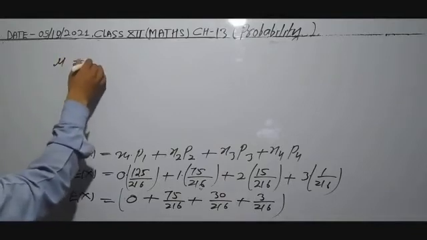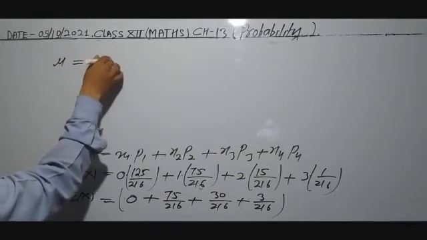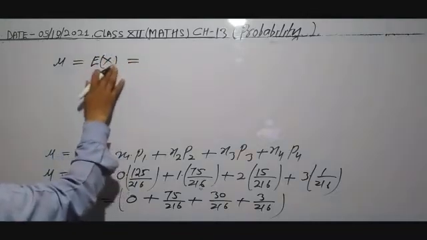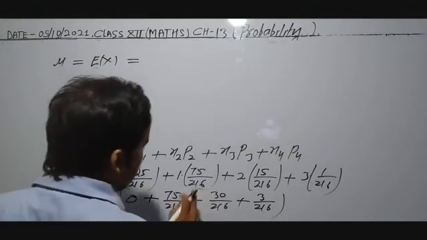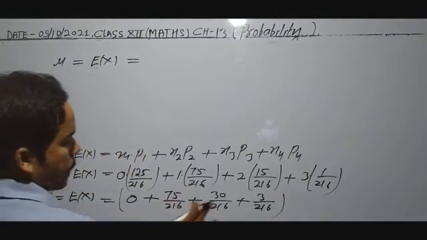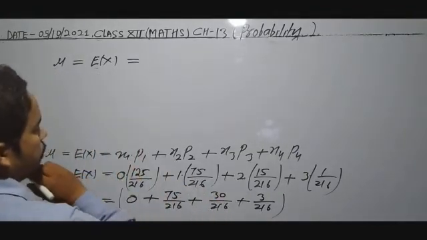So mu is equal to E of x, and the result will be 75 plus 30 is 105, plus 3 is 108.